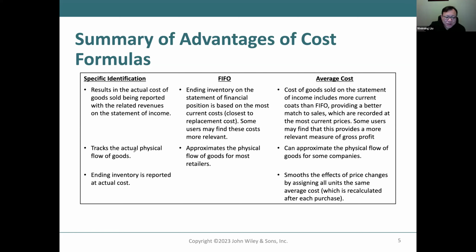The ending inventory is reported at the actual cost. If my ending inventory is left with an antique car, I know exactly how much I paid for that one antique car.